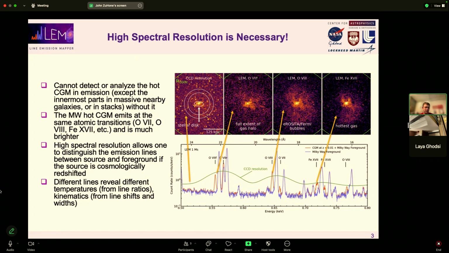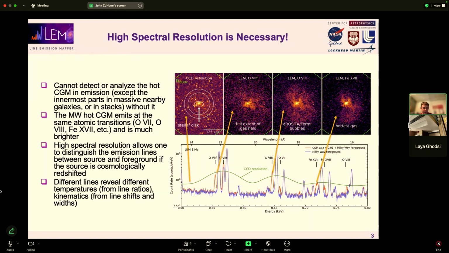If you look at that spectrum to the lower right, that's the best we can get as far as X-ray CCD resolution. That's the green curve there. The lines that you see in blue, which are the Milky Way CGM lines in X-ray, basically just overwhelm the lines from the source, which are the lines that you can see in red from this galaxy at cosmological redshift of 0.01.